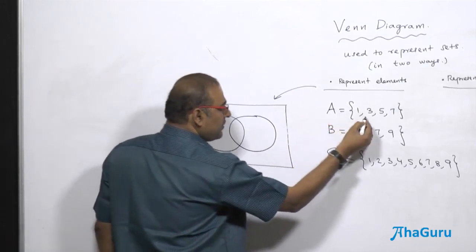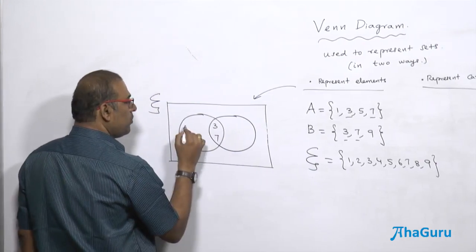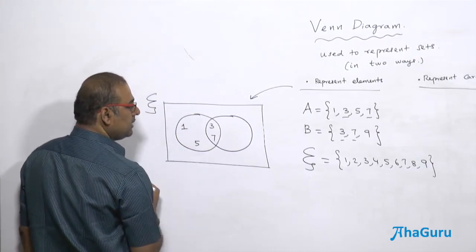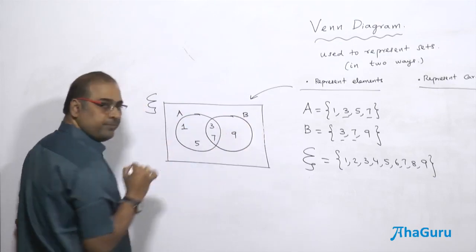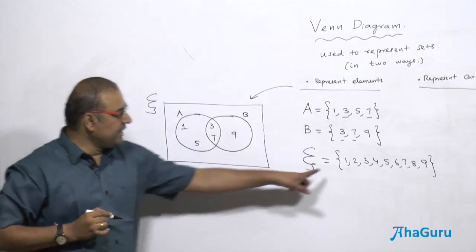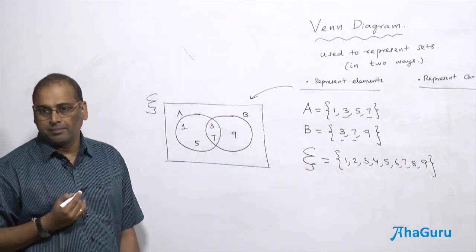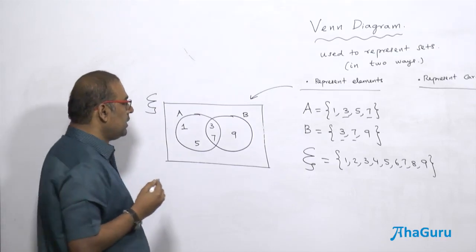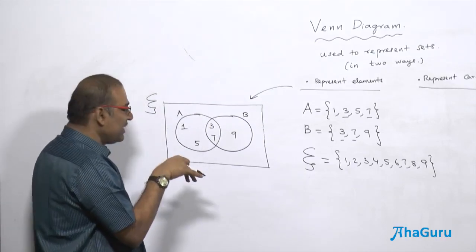Then we can start filling. In fact, we can first fill the common ones, 3 and 7. Then you have 1 and 5. This is for A. For B, it's 9. But this container contains 1, 2, 3, 4, 5, 6, 7, 8, 9, so some numbers are left out. Where will they come? Outside A and B, but inside the rectangular box.